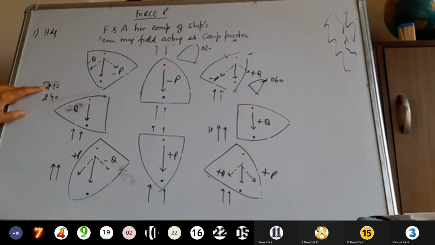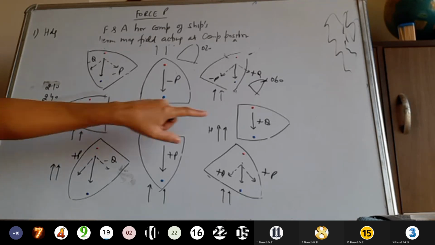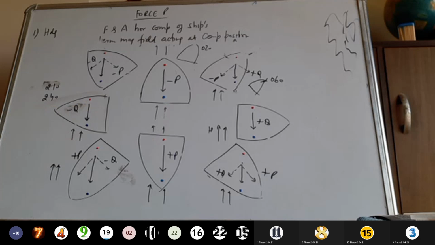Suppose a ship which is built on 210 compared to a ship which is built on 240, which one will have more Q? 240, na? Because the closer the heading is towards east or west, the more Q the vessel will have.